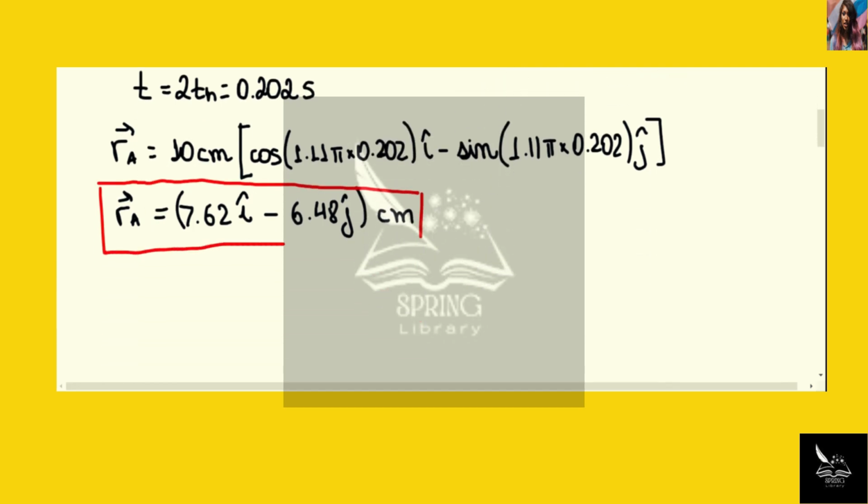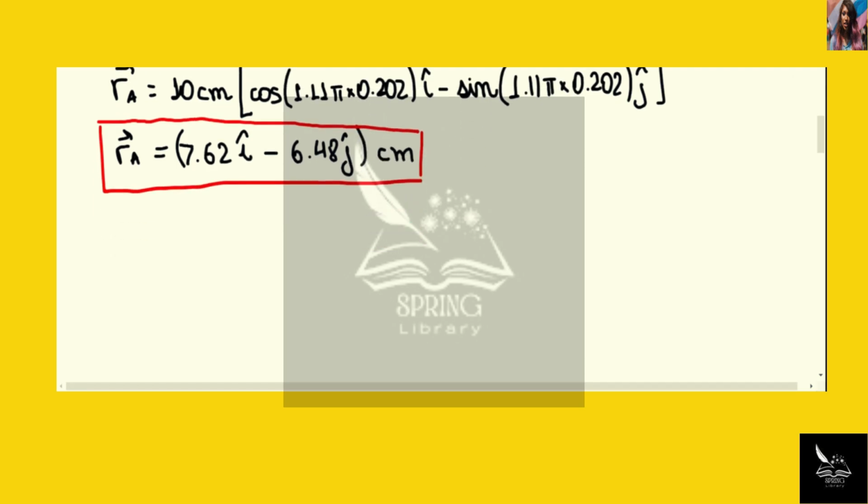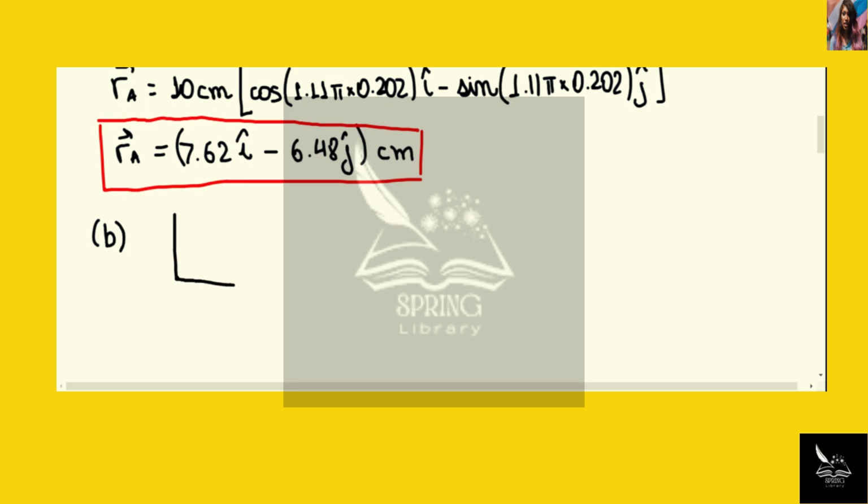And in question B, we have to calculate the position of the point B. Notice that initially the flea is on the x-axis. He is on point A, that is moving in the negative y direction.